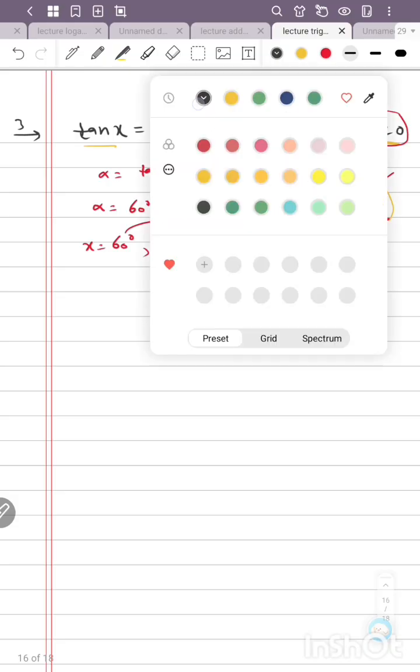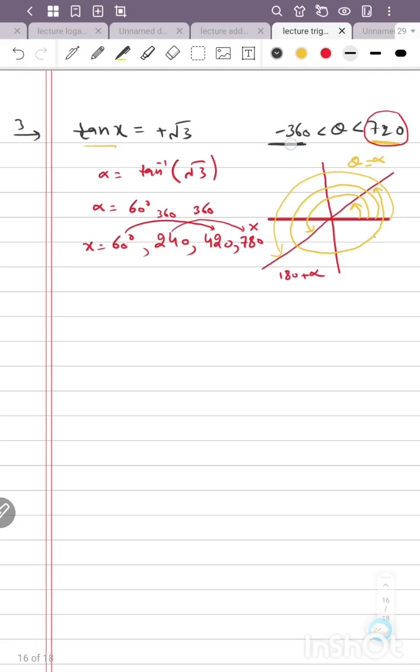Now move forward, we have a negative interval. Now I have to write it again. Dear students, this is our first quadrant and this is our third quadrant.